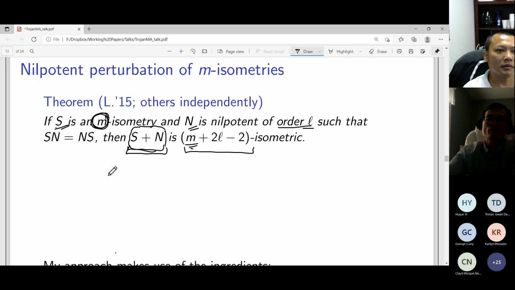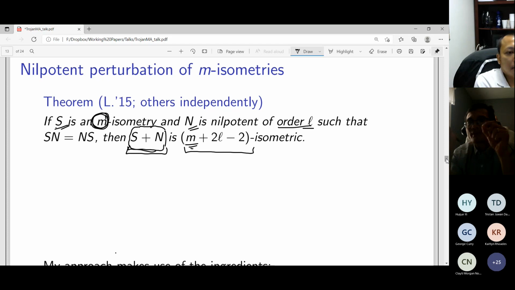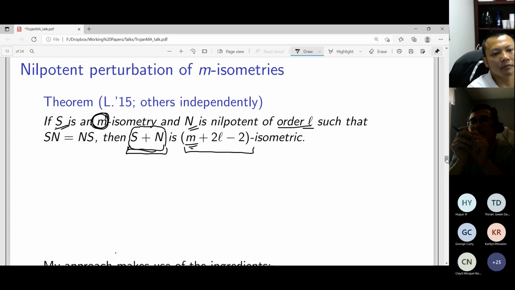But there's another thing we need to be careful about, because in the definition of m-isometry, just using similarity is not enough. Similarity will change things, but if we use similarity via a unitary, then it works.